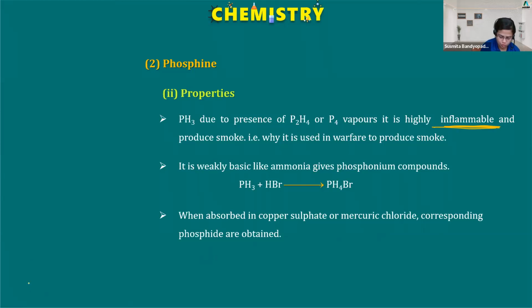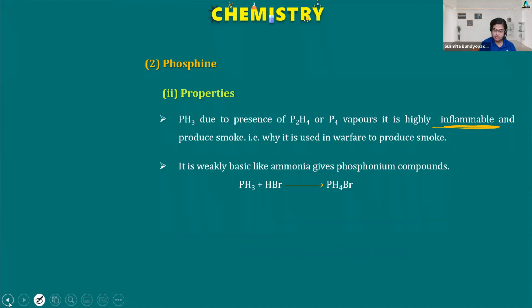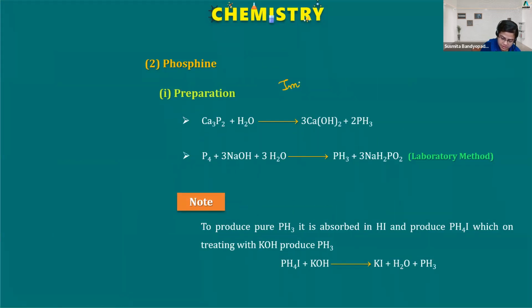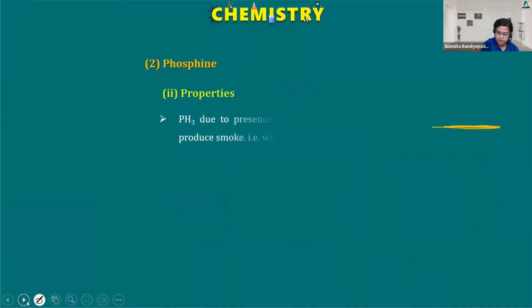Fine, not so important a point. The corresponding phosphides are obtained when you treat a sulfate or chloride salt with phosphine gas. The important one is the preparation; these preparation reactions are much more important.